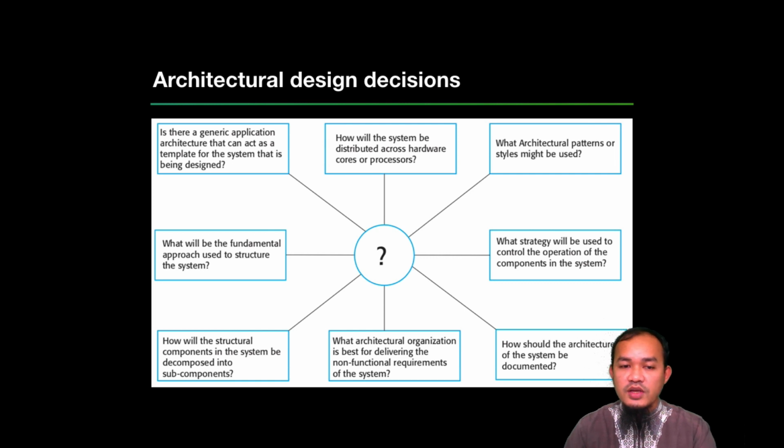How many people are involved? What architectural organization is best for delivering the non-functional requirements of the system? What will be the fundamental approach or structure of the system, and what data type or data structure is used in that system? These questions have to be answered during the architectural design decision.